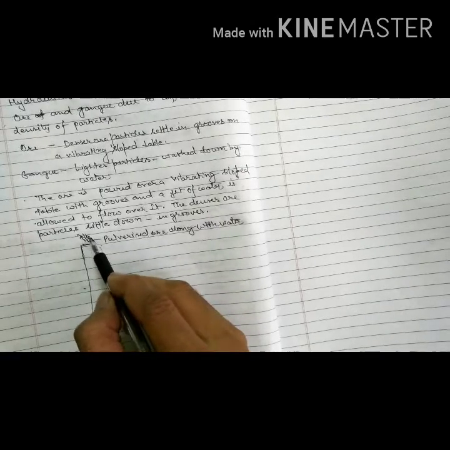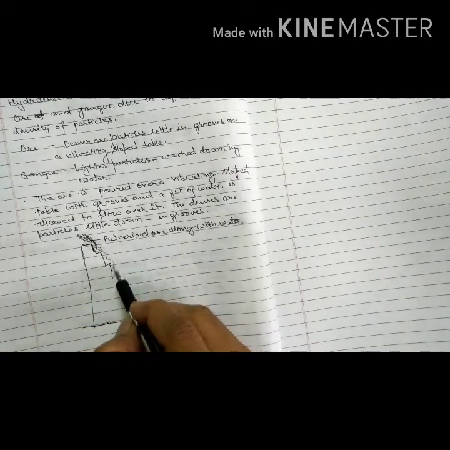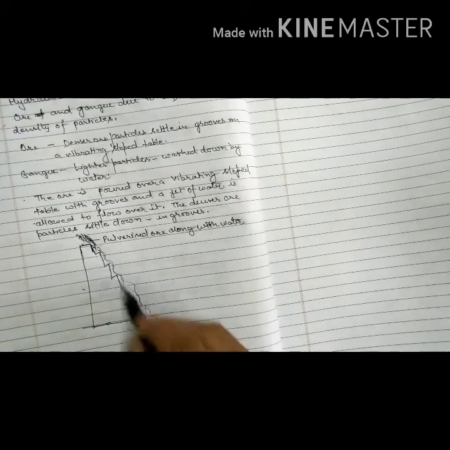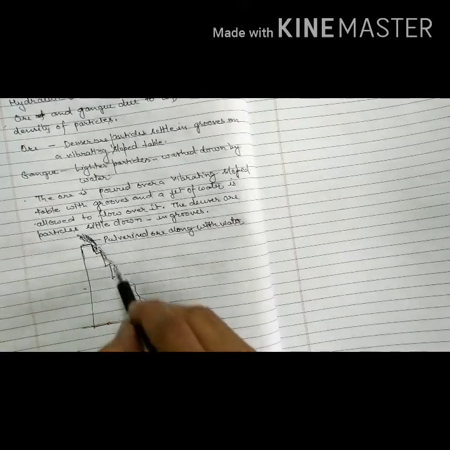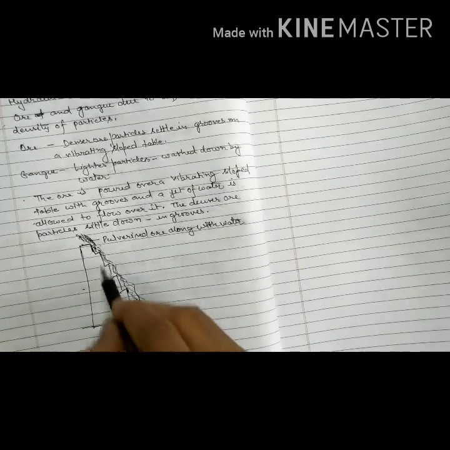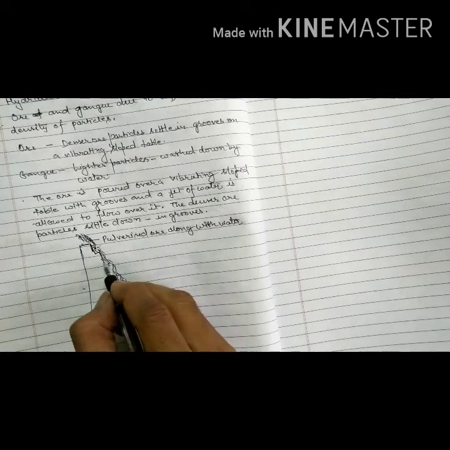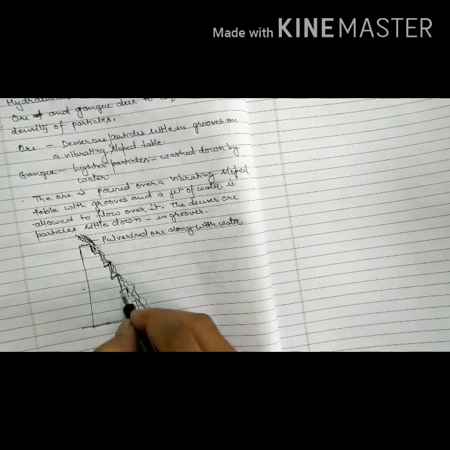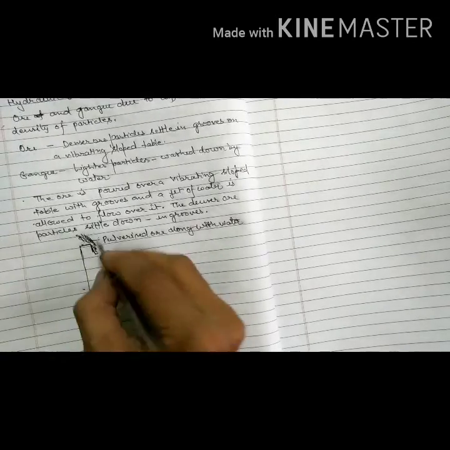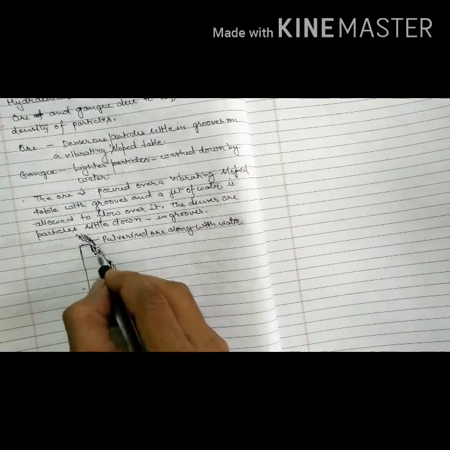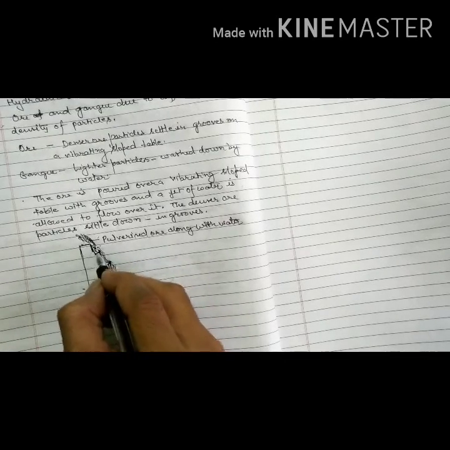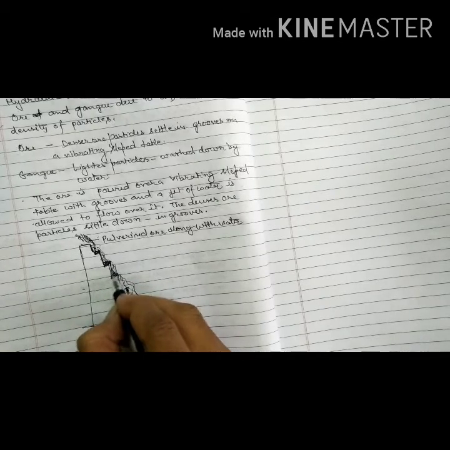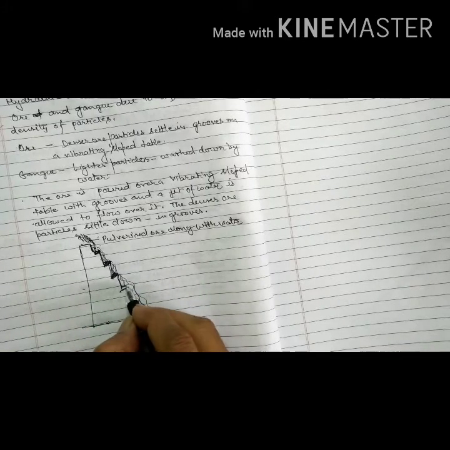So the pulverized ore runs down over the plank. Since there are grooves present, high density particles get stuck within these grooves and can be easily separated out.